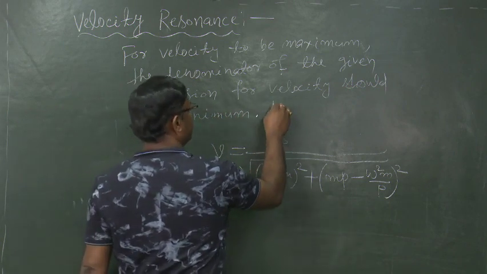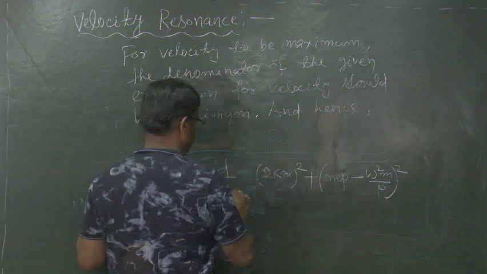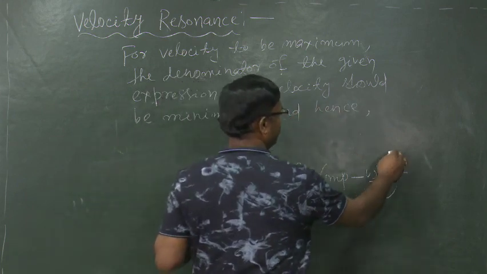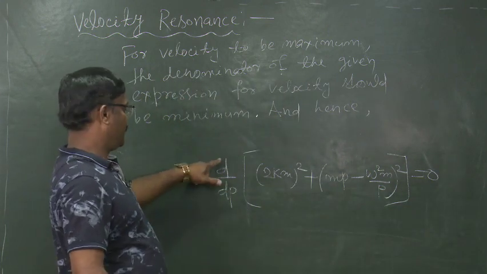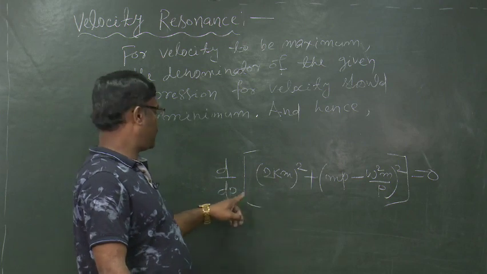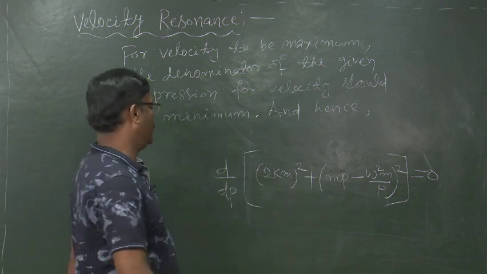And hence the derivative of this with respect to p will be equal to 0.